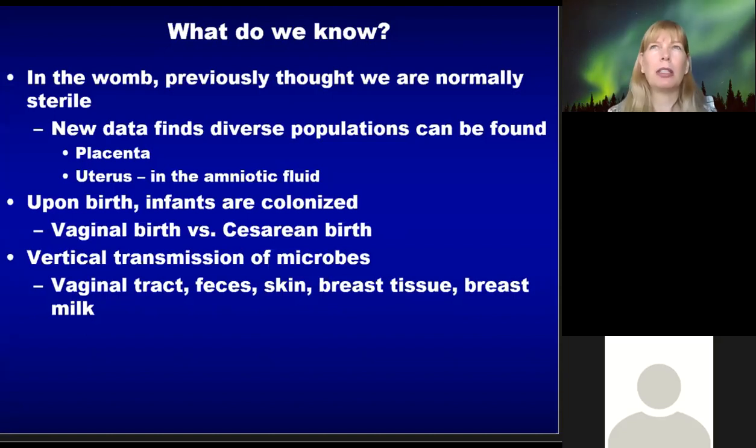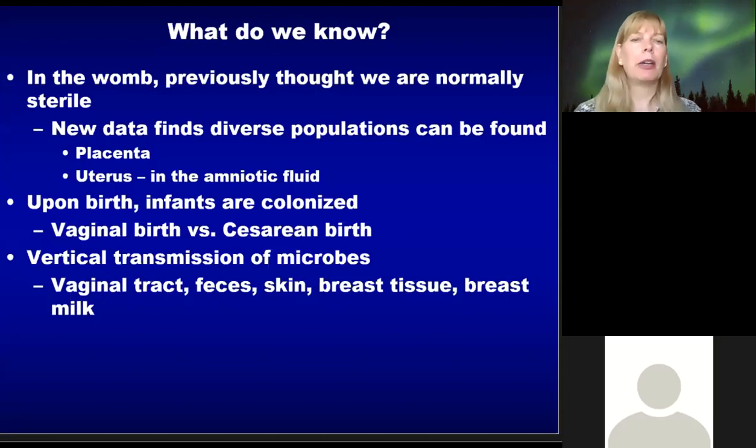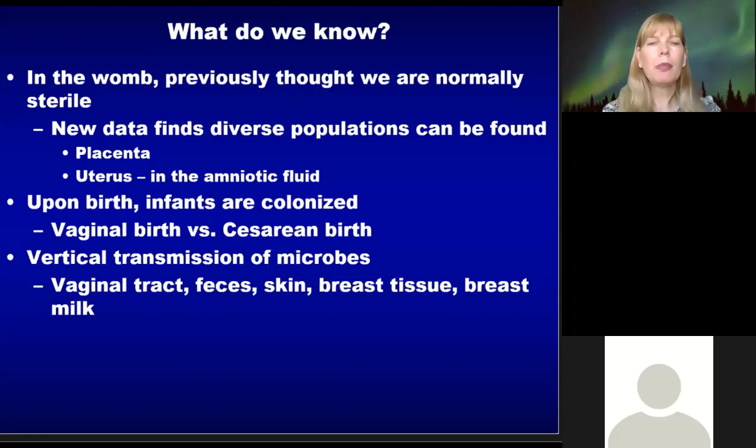And so that was a debate for a while too. They thought breast milk might be pretty much sterile. I mean, they knew there would be microbes on the skin, but they weren't sure about the breast milk, but they're finding that there is some level of microbes present. And so, excuse me, another reason why they're saying that for feeding an infant, breast milk is best. And now they're showing that the beneficial microbes are also present there as well.